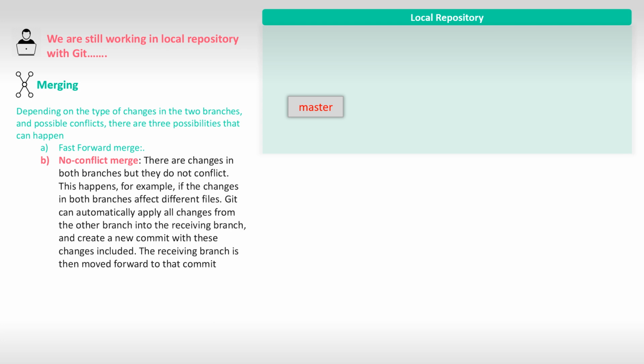So let's look into the no conflict merge. In no conflict merge, there are changes in both branches. If they do not conflict, then no conflict merge takes place. Let's take this example. This is our first commit, then this is our second commit. Now our head is on master.